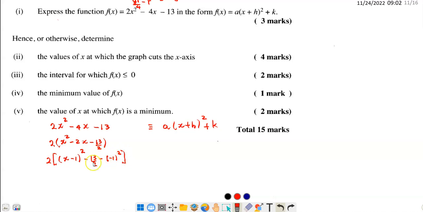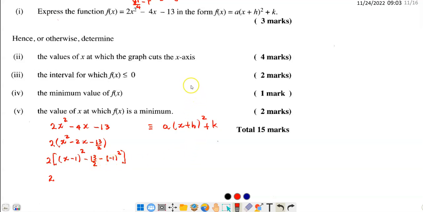And upon simplifying this part, we get 15 over 2. We have this bracket here because when we simplify this part, we need to multiply back by 2. So when we simplify this, we get 15 over 2.